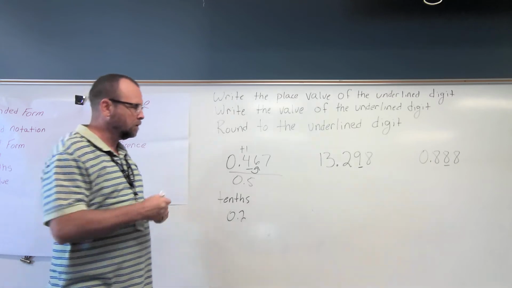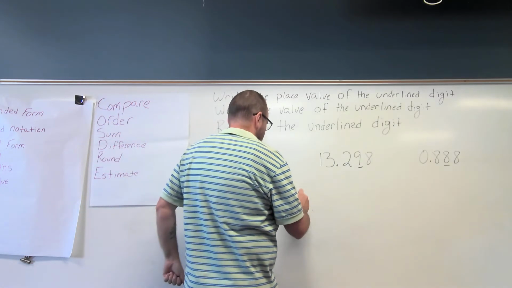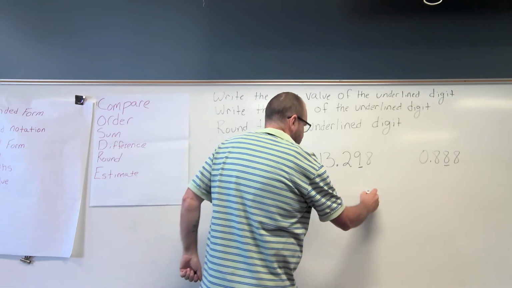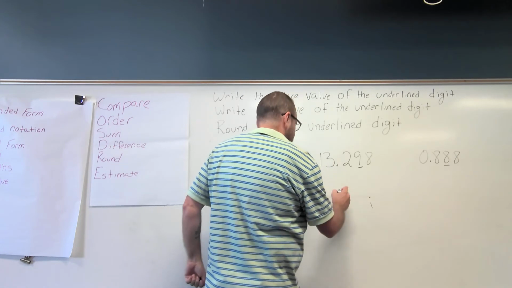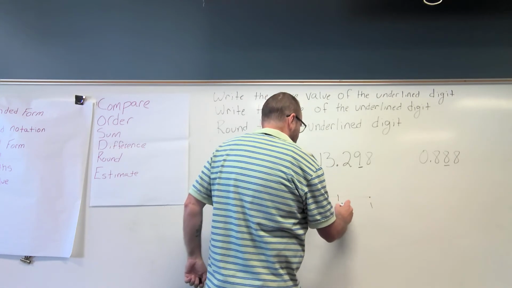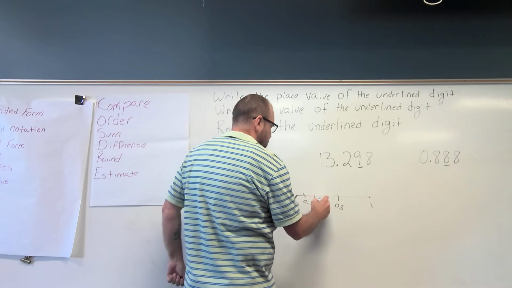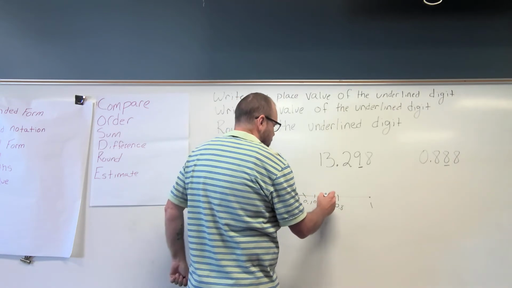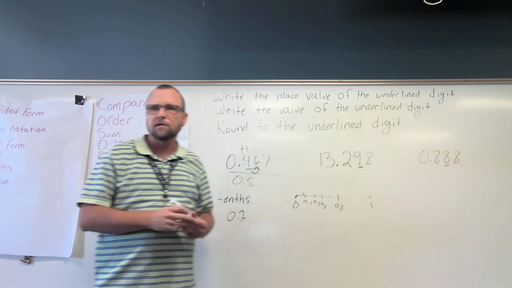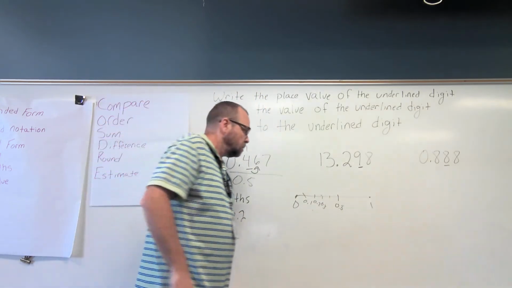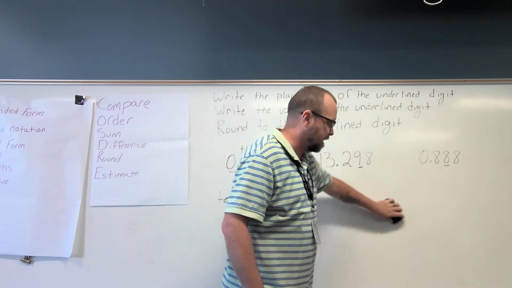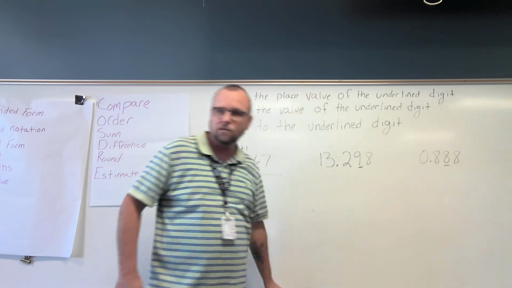Because if I made a number line, 0, 1, 0.5 would be there, so 0.1, 0.2, 0.3, and 0.5 is halfway between. So anything 0.5 is halfway between those next two whole numbers.